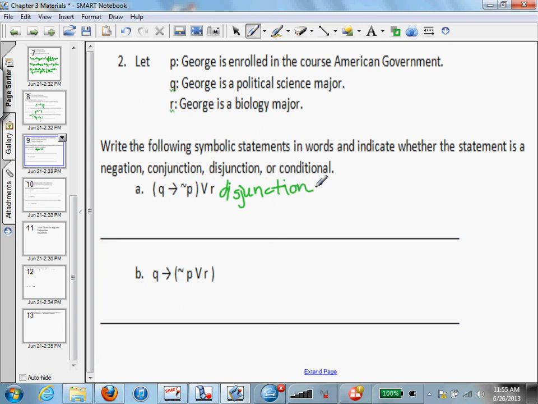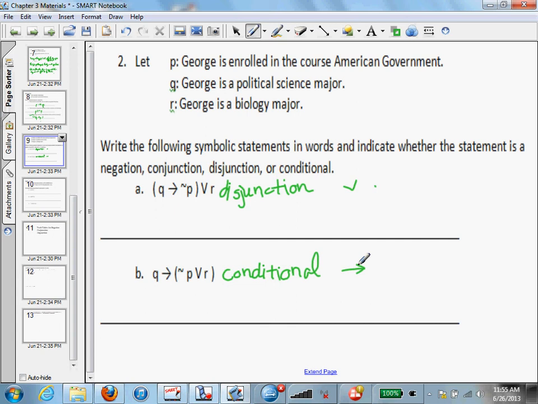And it is a disjunction because the symbol is outside of parentheses. Okay, with B, this is going to be conditional. And it is conditional because the symbol is outside of the parentheses.